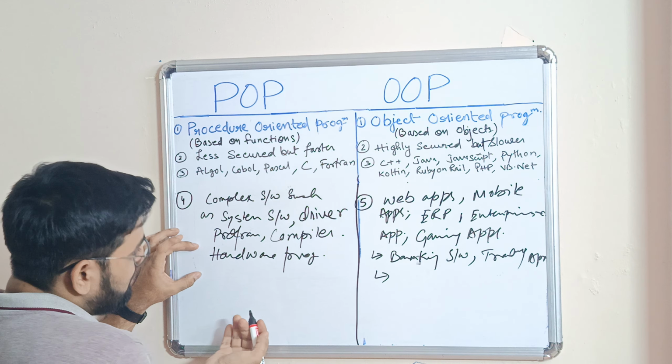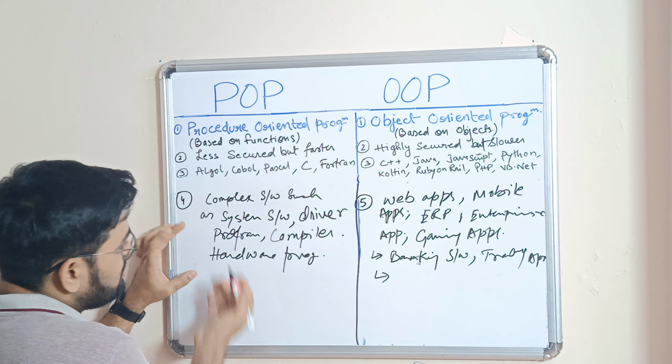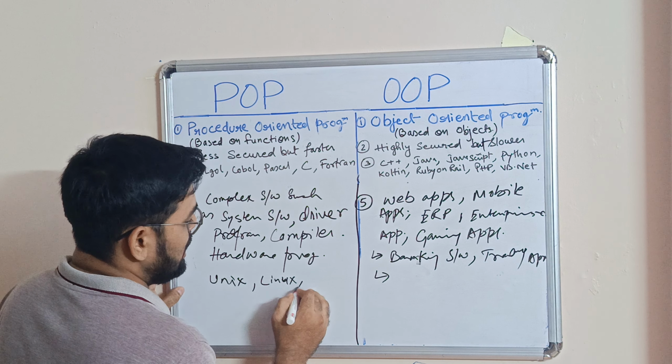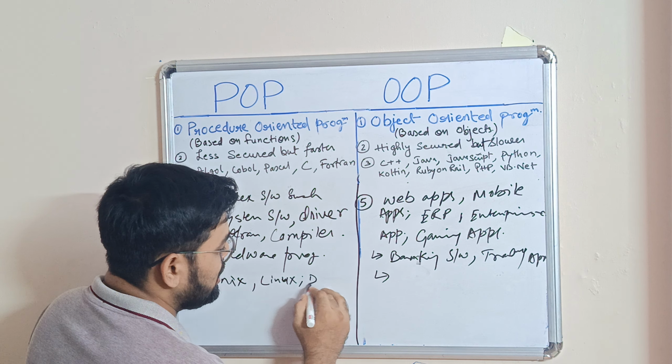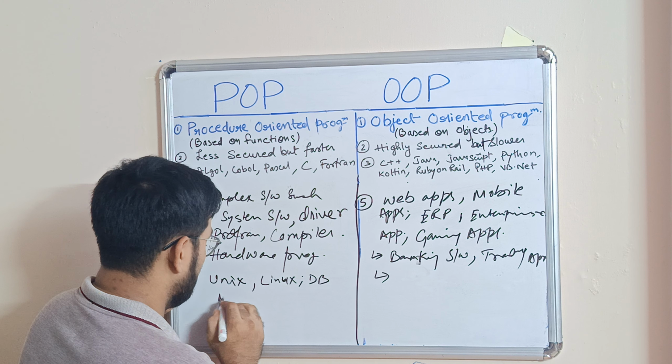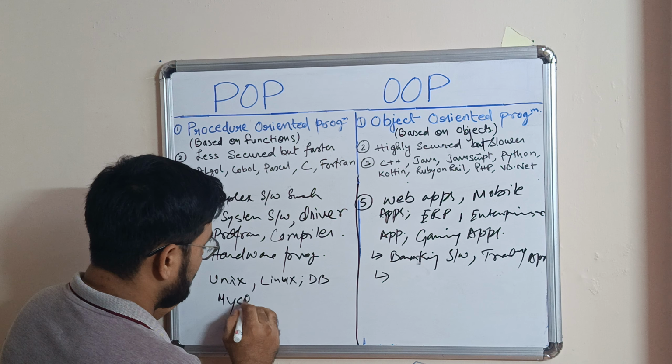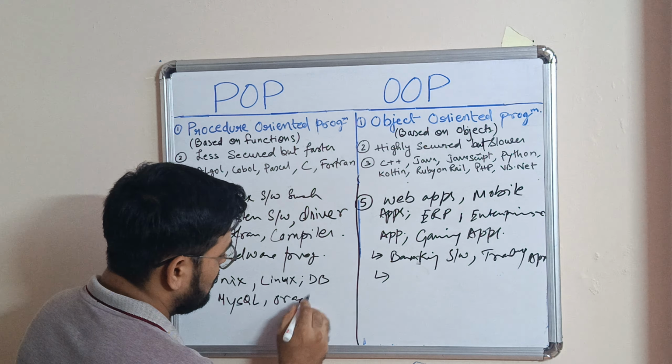In hardware programming or system software, we have seen the first system software was developed, that is Unix, using C. Linux was also developed in the C language that followed POP, as well as the multiple database software, which was nothing but MySQL, Oracle.